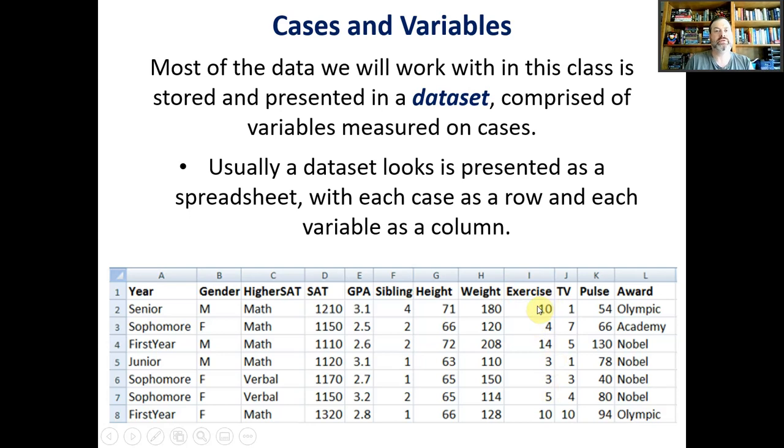So it is encoded. You have to figure stuff out sometimes. Hours of TV watched per week, resting pulse rate, and which award the student would rather win: Olympic gold medal, Academy Award, or Nobel Prize. So it's encoded, but we're still getting a lot of information here. It's a pretty interesting data set.